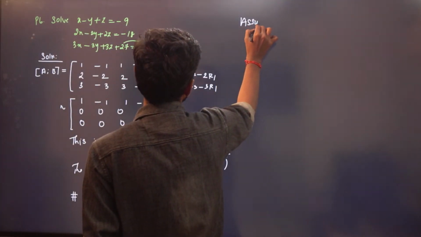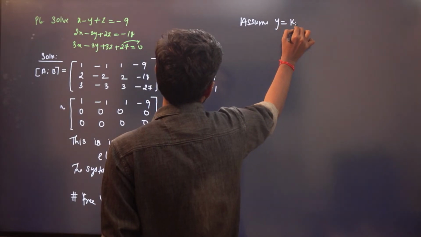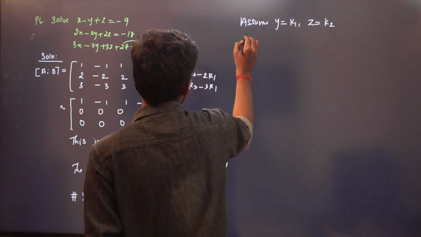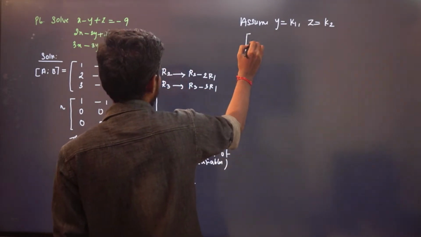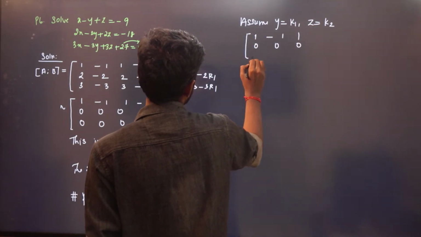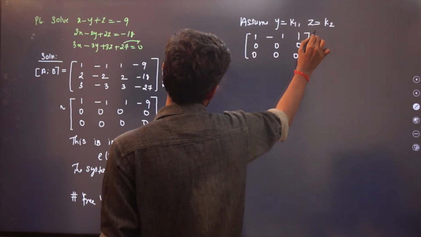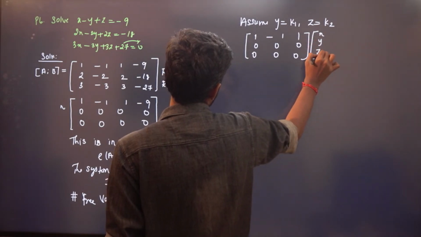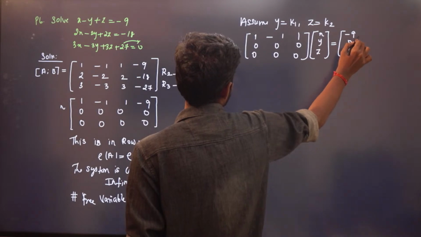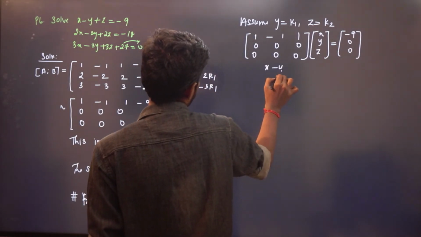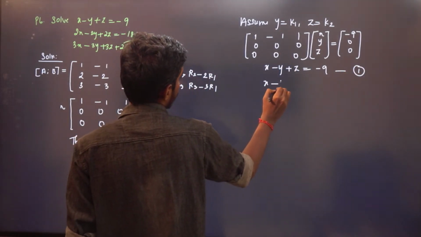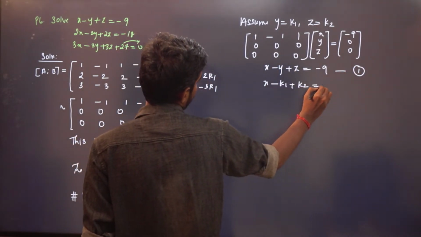So assume y is equal to k1, z is equal to k2, and solve for x. Write the reduced echelon matrix to Ax equal to B form. So you will have x minus y plus z is minus 9, and we know y is k1, z is k2.